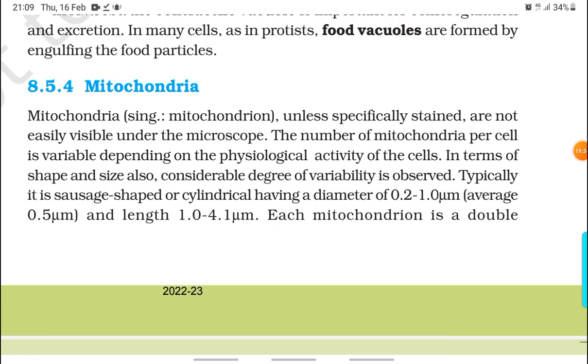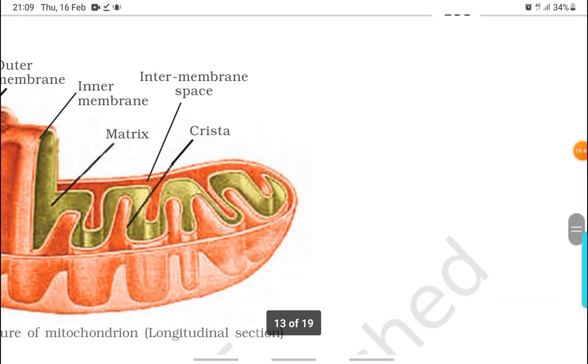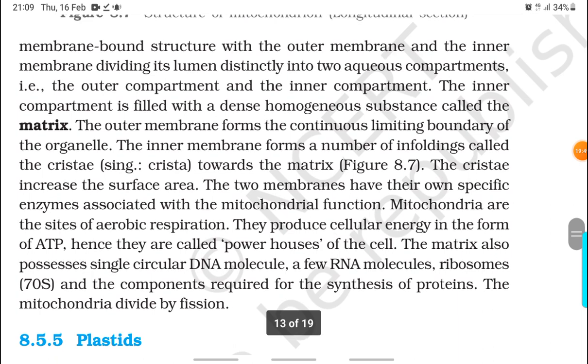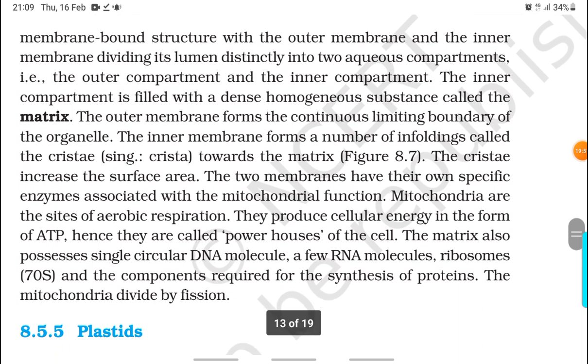Typically, it is sausage-shaped or cylindrical, having a diameter of 0.2 to 1 micrometer, average 0.5 micrometer, and length 1.0 to 4.1 micrometer. Each mitochondrion is a double membrane bound structure with the outer membrane and the inner membrane dividing its lumen distinctly into two aqueous compartments, that is the outer compartment and the inner compartment.